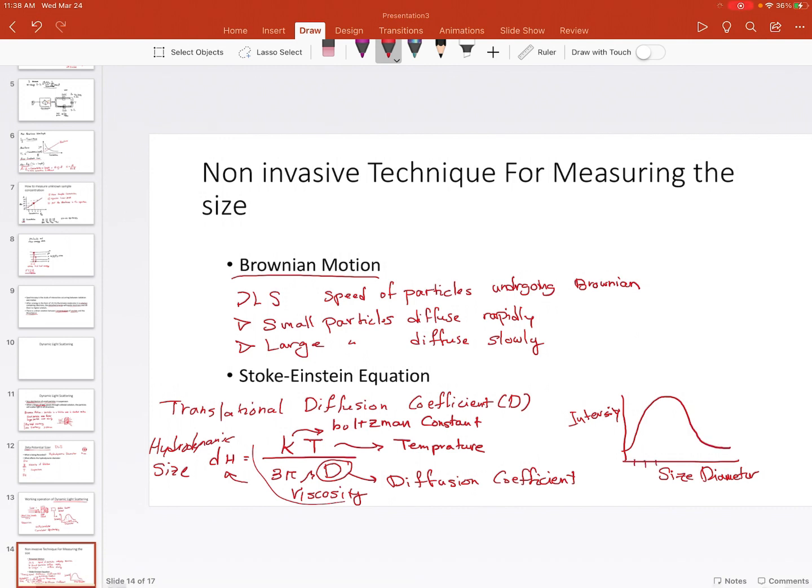And we get a graph that is the distribution of these particles, the size distribution of these particles in our sample. Now, if this is, for example, 200 or 100, we know that the majority of particles have this size.